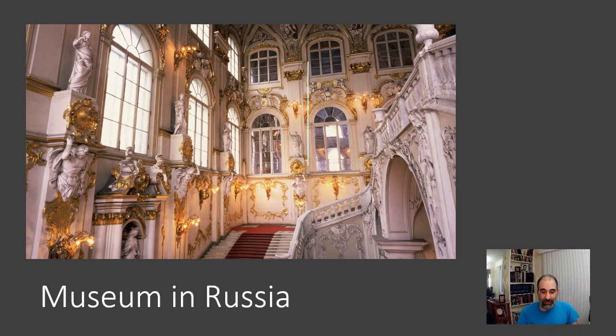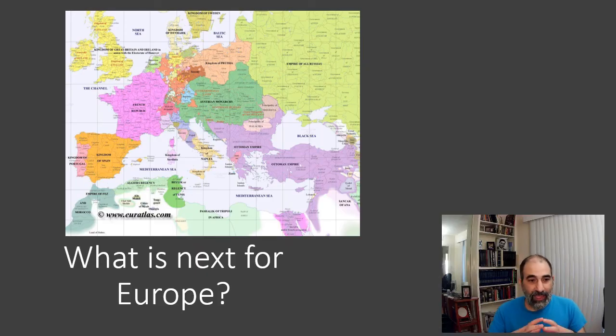So let's go to our final image here. Again, our map. And the question is what's next, right? We talked about the rise of constitutional monarchy, and then we talked about the rise of absolutism and the different forms of monarchies, and this is just our map of Europe.